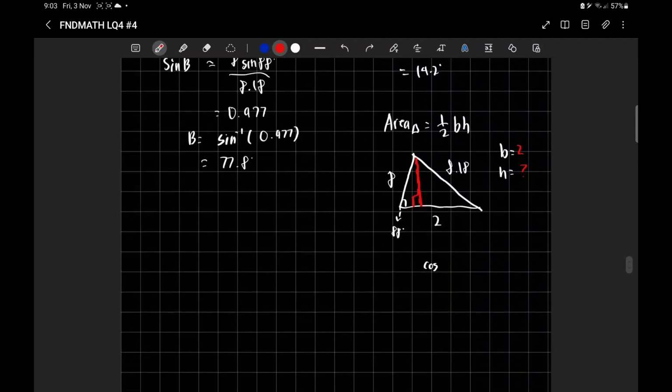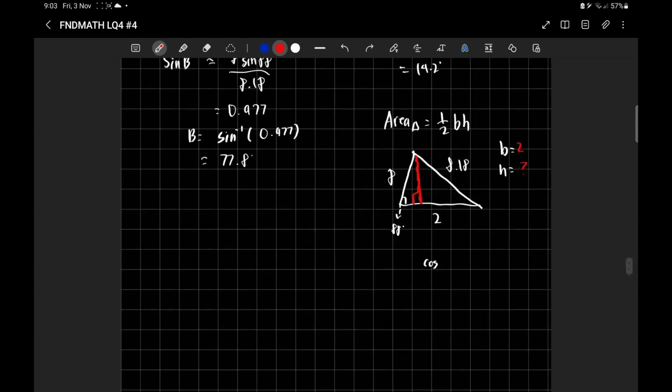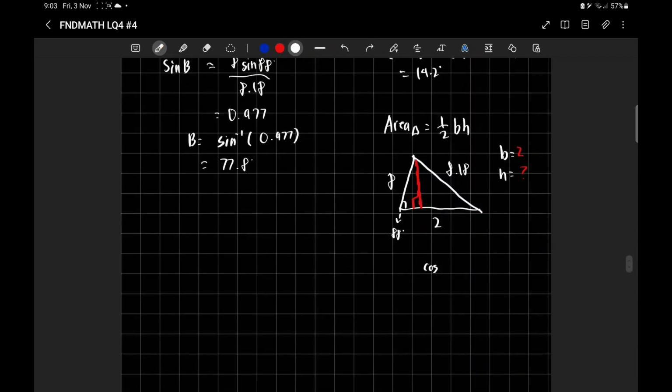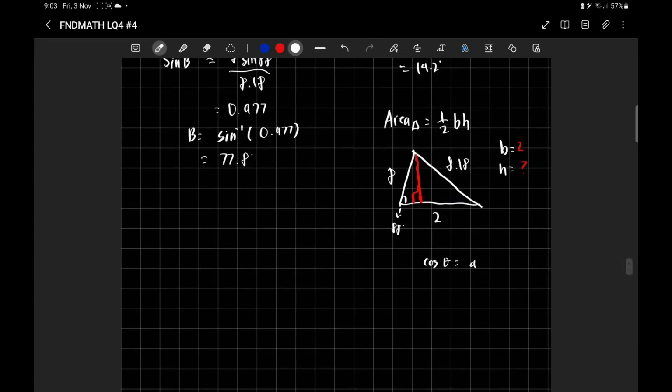So now, alam natin na parang missing, kailangan natin hanapin si height. So we know that cosine of theta is just adjacent over hypotenuse, right? So sa tingin nyo, anong gagamitin natin na function between sine and cosine para mahanap ang ating altitude?